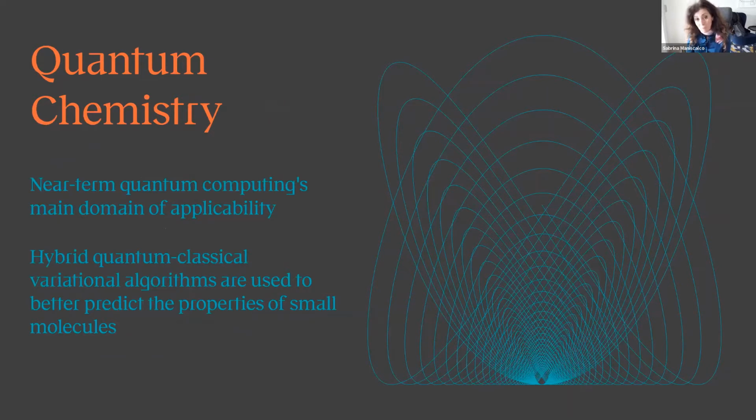So we focus specifically on what are called near-term quantum computers, the devices that we already have now, because we believe that they can already provide a lot of groundbreaking potential in many fields. In particular, we explored the field of quantum chemistry for the life sciences. And we focus on quantum-classical variational algorithms. So we try to exploit not just the quantumness that is inside these quantum devices, but also classical means of complementing them in order to, for example, predict properties of small molecules that are fundamental in the drug development and discovery stage.